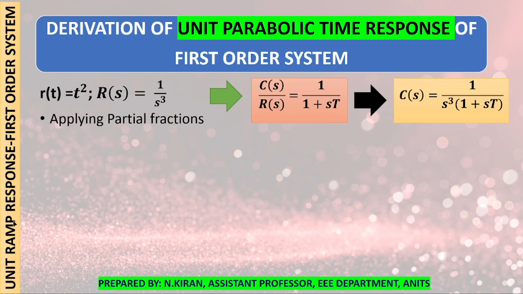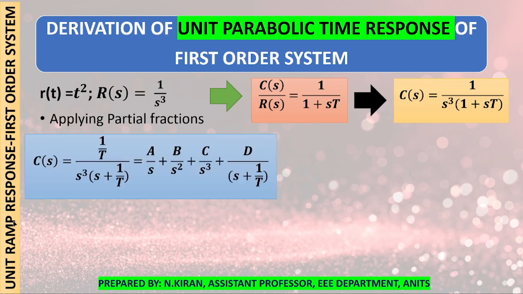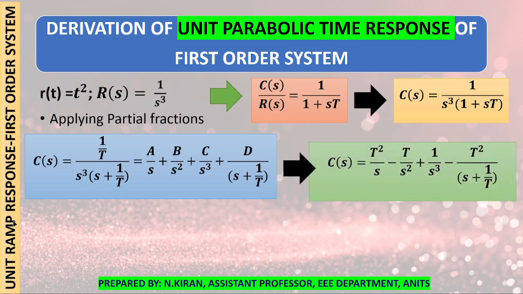Upon applying partial fractions, it is A/s + B/s² + C/s³ + D/(s + 1/T). Here I have taken T common in the denominator. Now I am taking LCM, and if I compare all the coefficients on both sides, that will give me A value as T², B value as minus T, C value 1, and D value minus T².